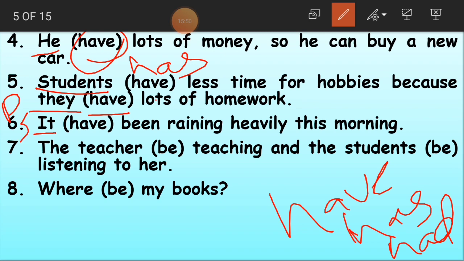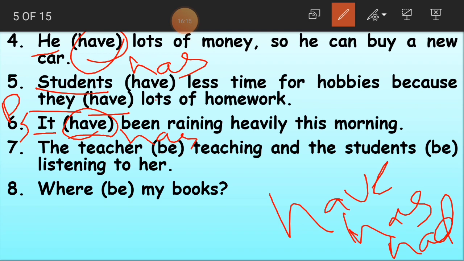The subject is in singular form, have is in plural form, and now this have has to be changed into singular form. Okay. And what happens when have comes for singular form? It becomes has. It has been raining heavily this morning.